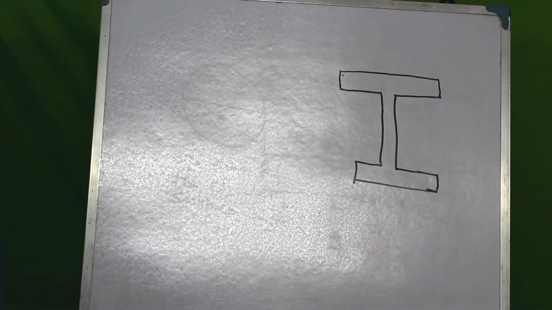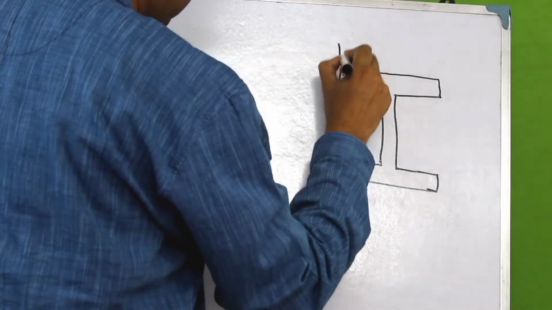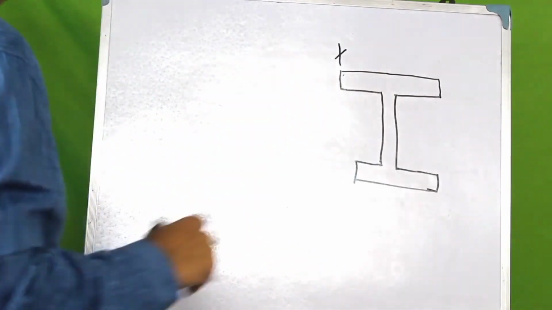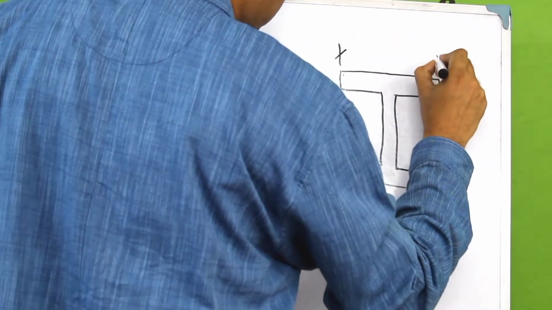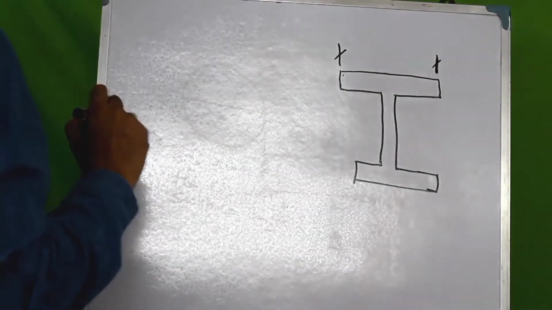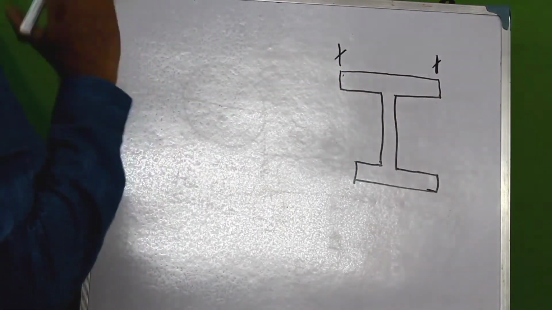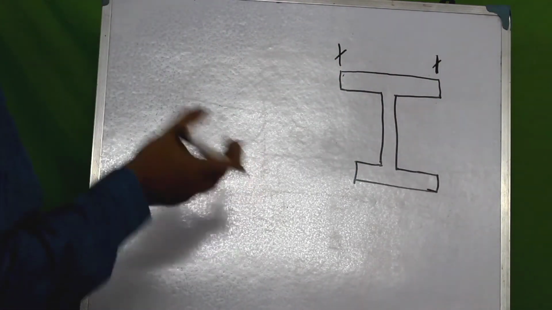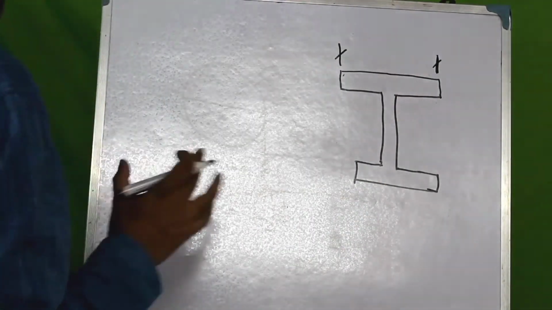Let us represent the dimensions of the I shapes with the notations that are used in the STAAD user table general sections. We will discuss more about user table general section as we proceed in the course, but for now let us consider the dimension representations that are used there to represent the various dimensions of the I section.